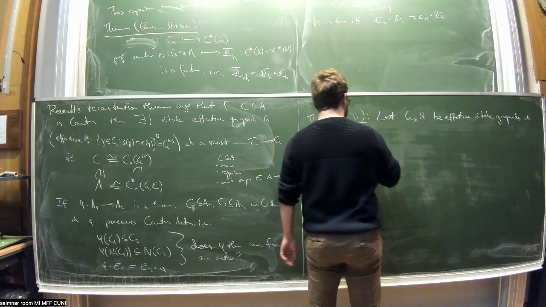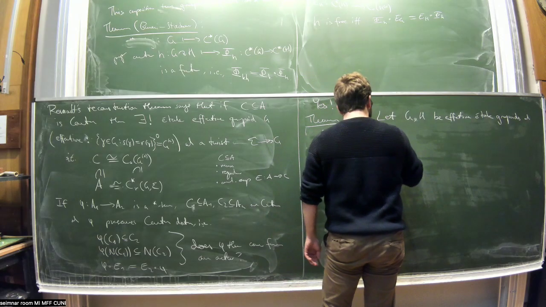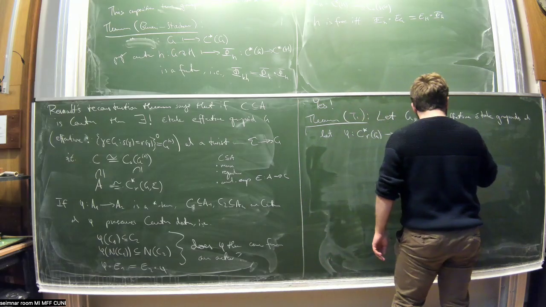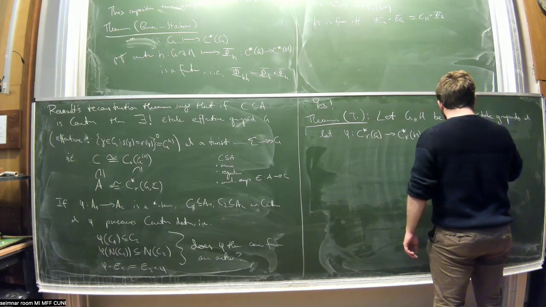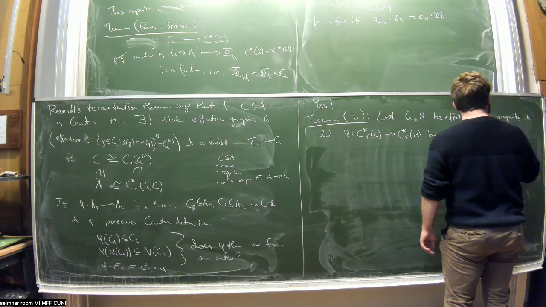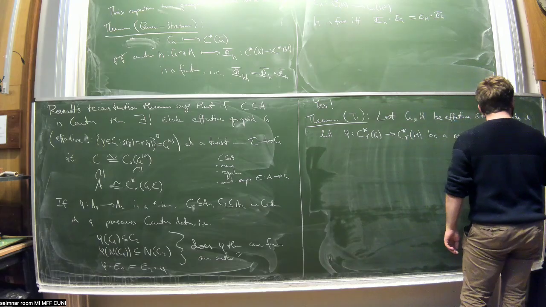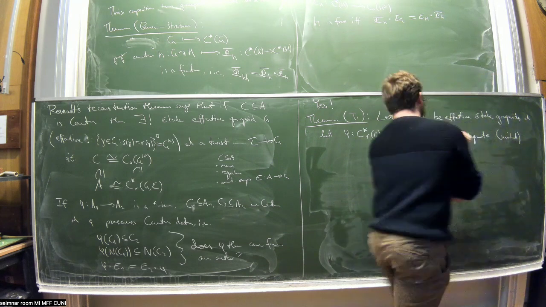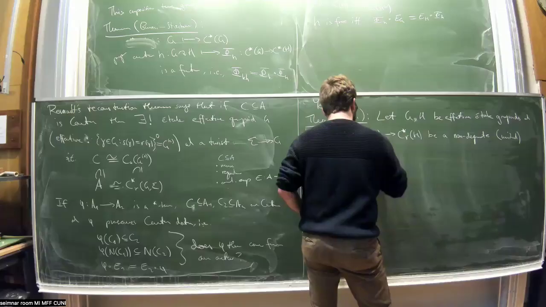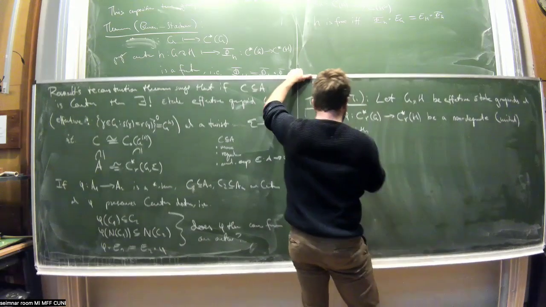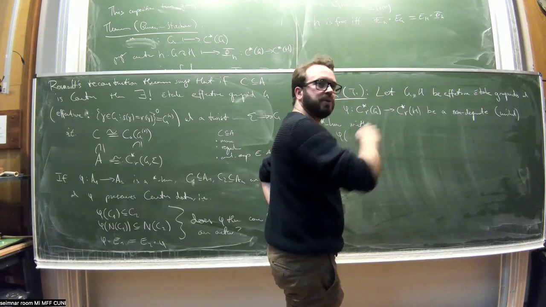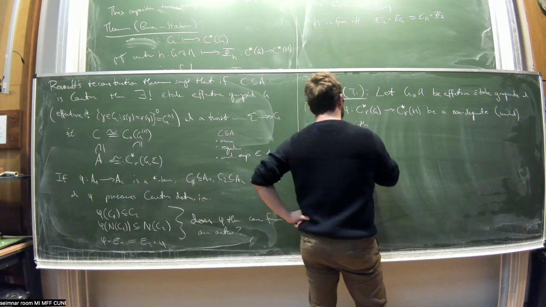So let phi from C-star reduced of G to C-star reduced of H be a non-degenerate, and if you're not familiar with this term, think unital, star homomorphism that maps normalizers to normalizers, intertwines the conditional expectations and preserves the subalgebra.